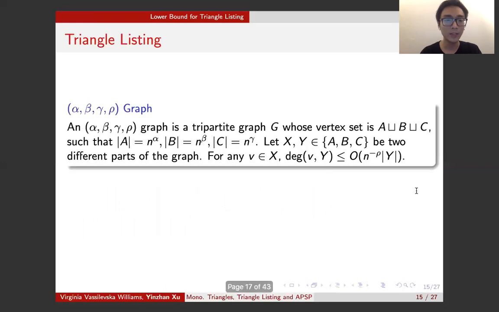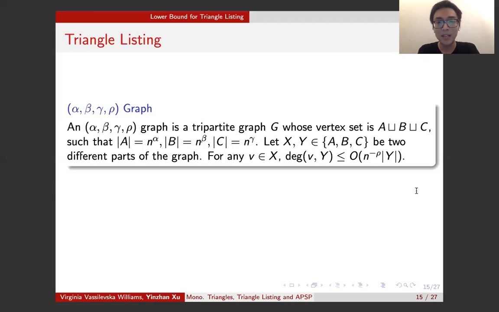Okay, let me start with some notions. An alpha beta gamma rho graph is a tripartite graph G whose vertex set is A union B union C, and the sizes of the 3 parts of the graph are n to the alpha, n to the beta, and n to the gamma, respectively. Also, we need some degree constraint on the graph.